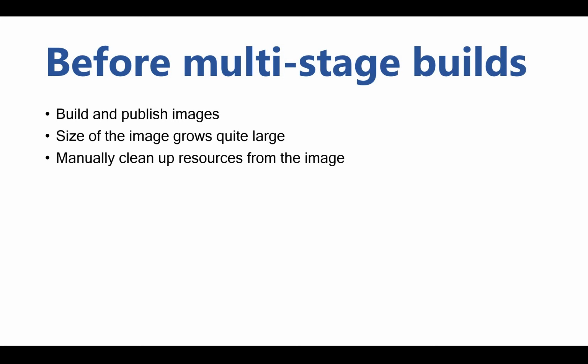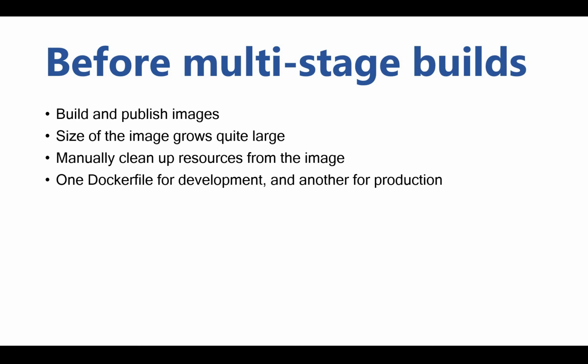That is one of the challenges when we try to build our Docker images and add a lot of content into them. So our process is normally that we need to clean up the resources from the image to keep it small. And we also keep a Docker file for development and another Docker file for production, so that we can keep the size minimal, the slim version, in production.